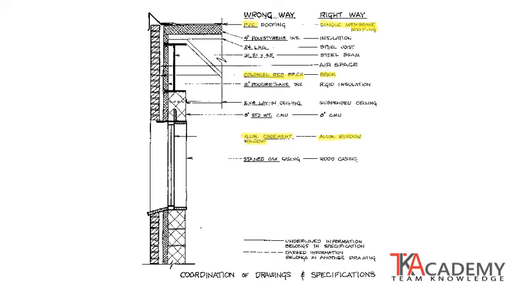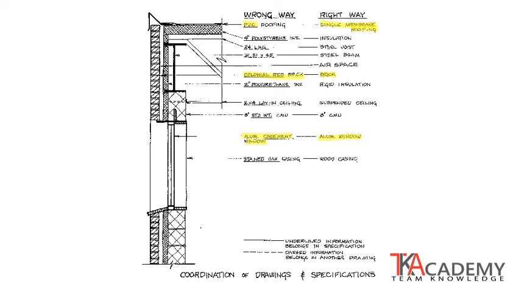Part of the reason we do this is that we keep this information a little bit more generic, and what I like to do is use the divisions or section titles as what I label my drawings. Then if there is a change in the project, the change can be made in one location in the specifications, and we don't have to change multiple notes on a drawing. For example, again, I'm going to use roofing.